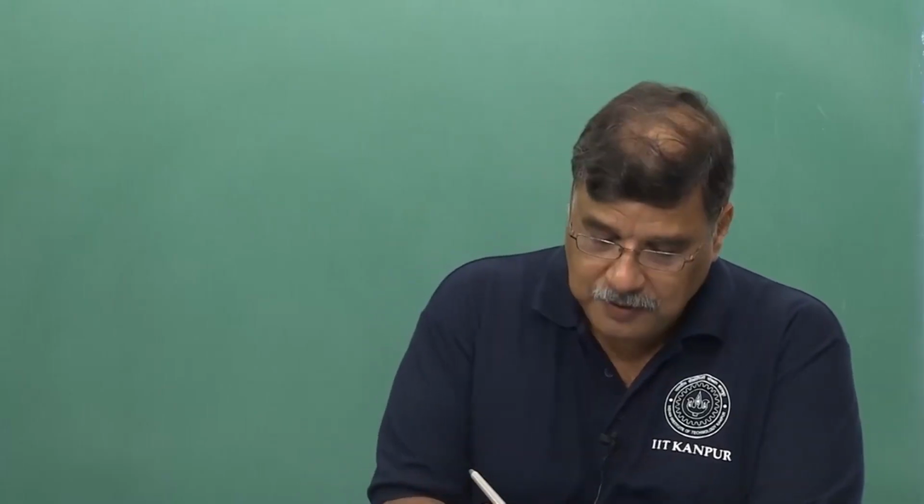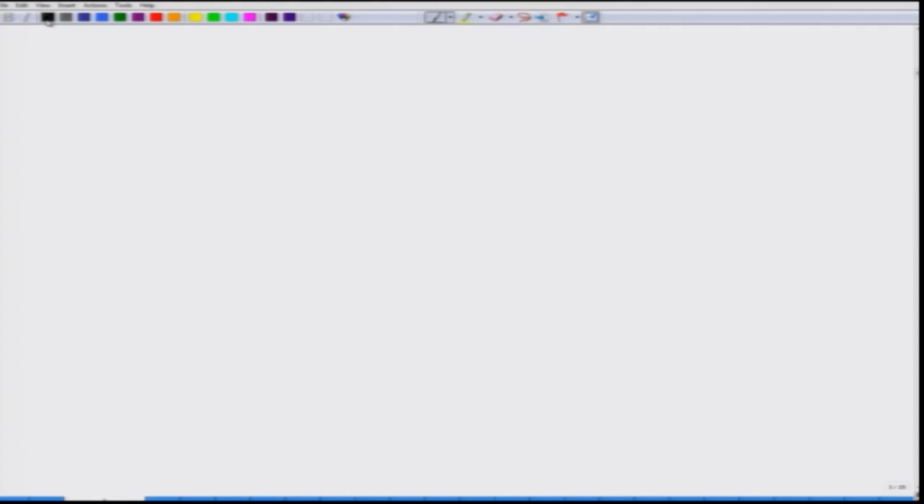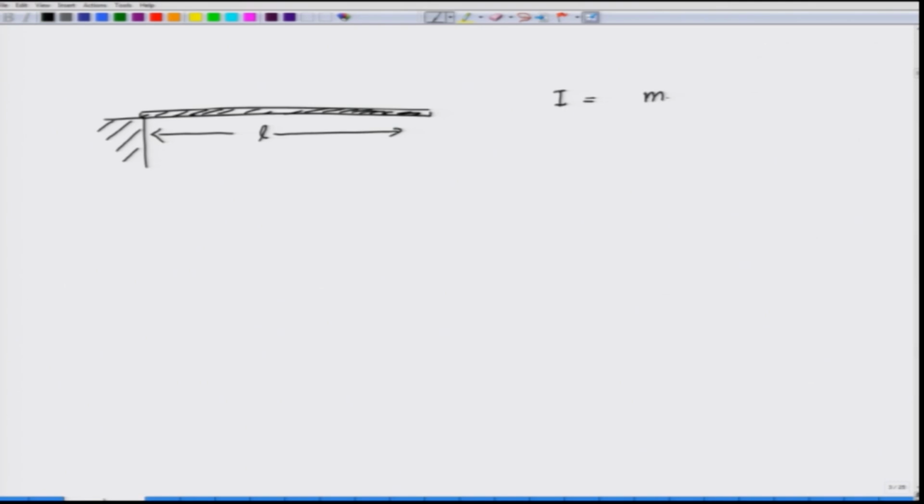So, to understand what happened, let us now make this rod again. When it is released, it is rotating about this point here. Let us take the length of the rod to be L, and assume the rod to be uniform, so that its moment of inertia I is mL squared by 3 about this point, which I will call O for clarity.